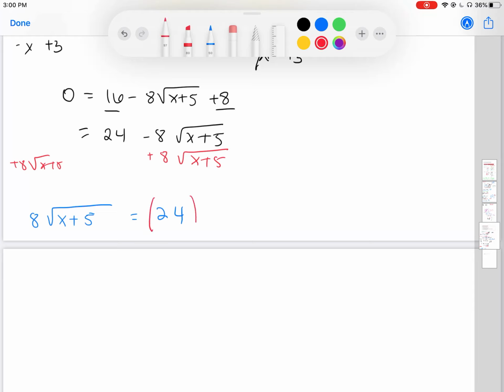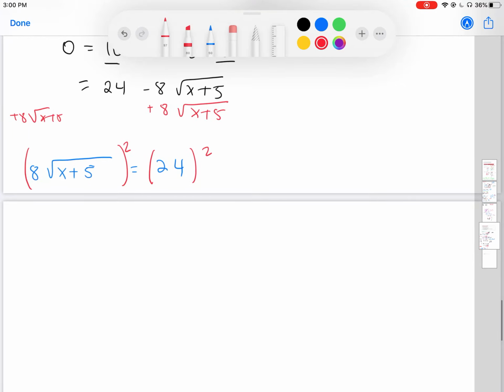Let's go ahead and square both sides. Now the square, because it's not being added or subtracted, can actually apply to each one. So that I have 8 squared and the square root of x plus 5 squared is equal to 24 squared. That's a really big number.